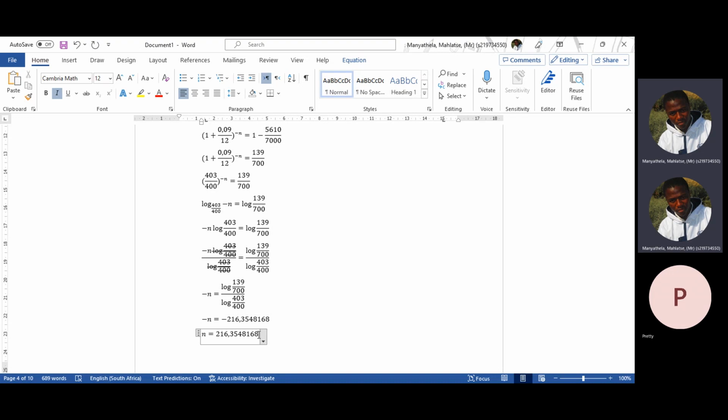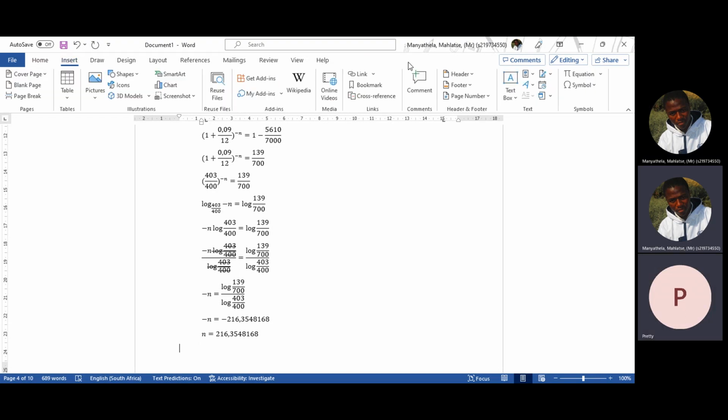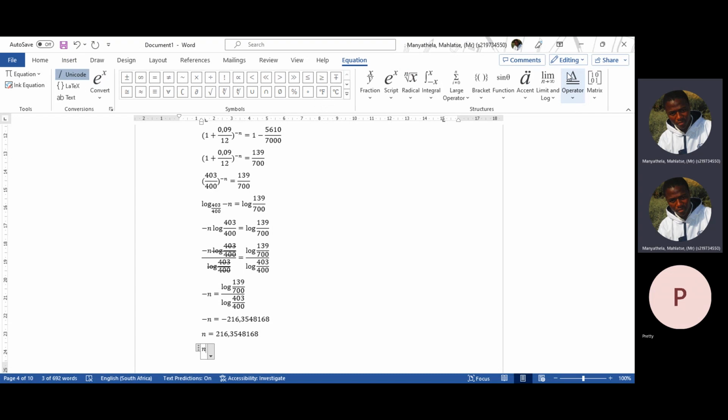So 216, if we round it off to 2 decimal places, it will be 216.35, and then we divide what we got by 12. It will give us the value of n. And don't forget to say n is approximately equal to 18 years.